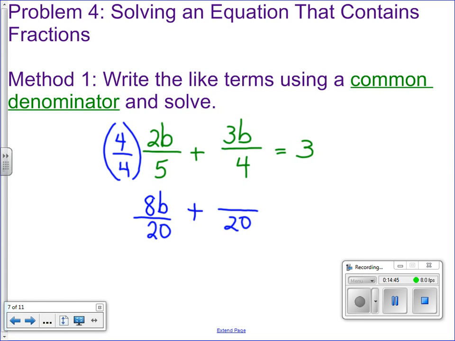On our second fraction, we're going to have to multiply it by 5 over 5 in order to get 20 in the denominator. 3b times 5 would be 15b. Now we can combine our like terms. 8b plus 15b would be 23b, all divided by 20.